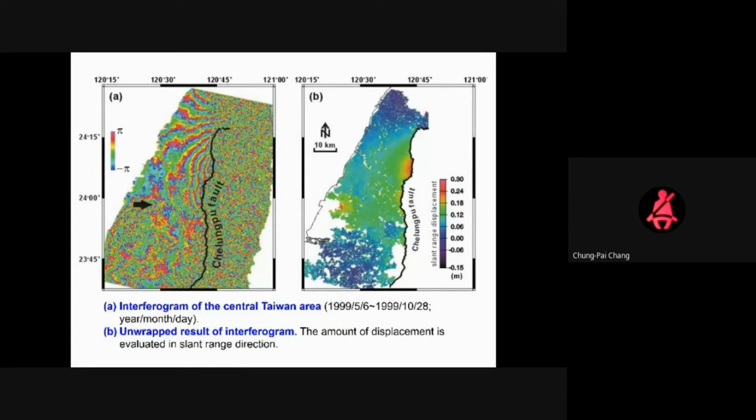Each fringe corresponds to 2.8 centimeters. So you can unwrap this result into this figure. This figure shows you the displacement field in meters. You can see the red color shows the largest deformation during the earthquake. It's almost 30 centimeters.